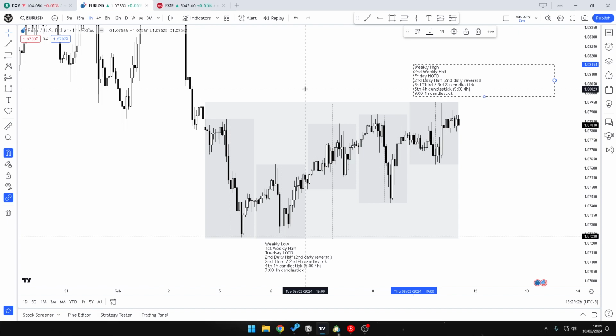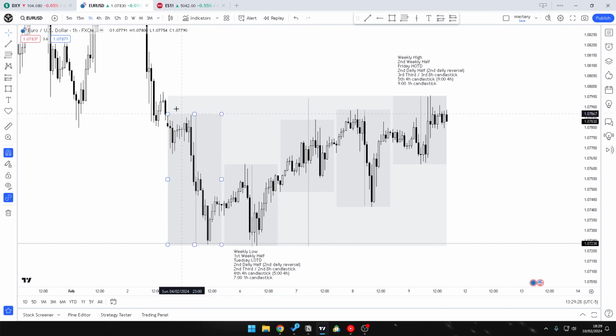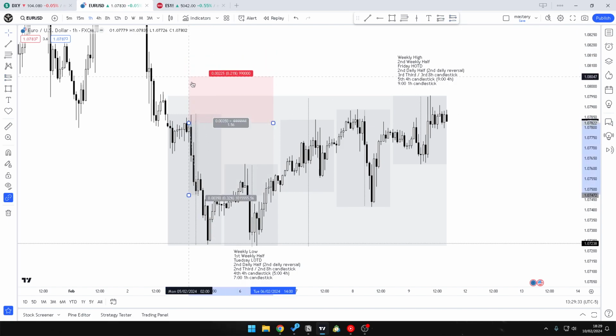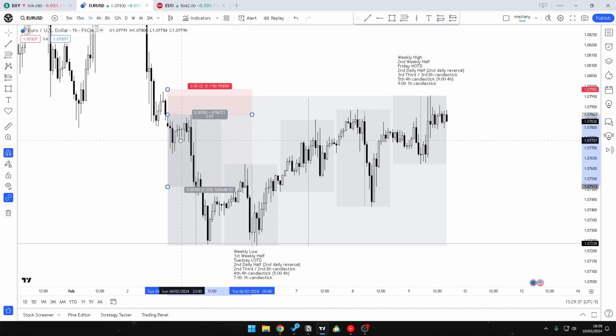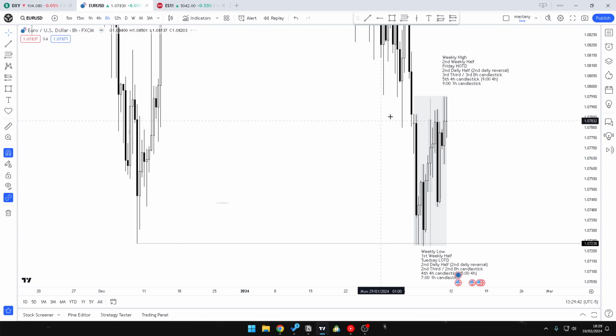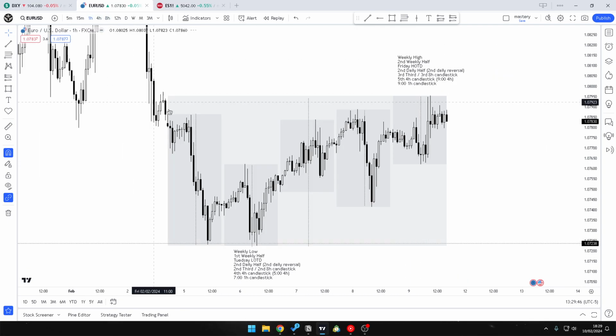So that's basically it. My idea for this week was also on the first half. We could catch something like this. I was aiming at this turtle soup on Monday, which didn't happen. We left this 8-hour CB open on Monday, which I was expecting price to turtle soup at before going lower.